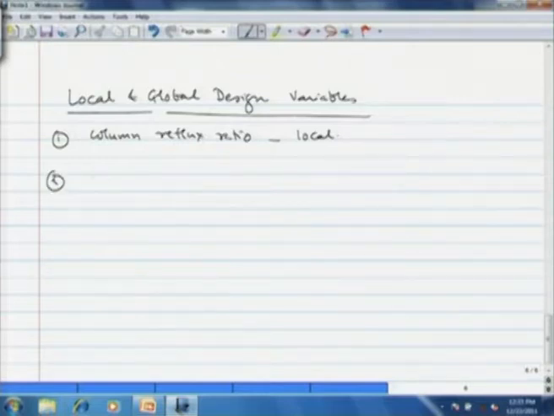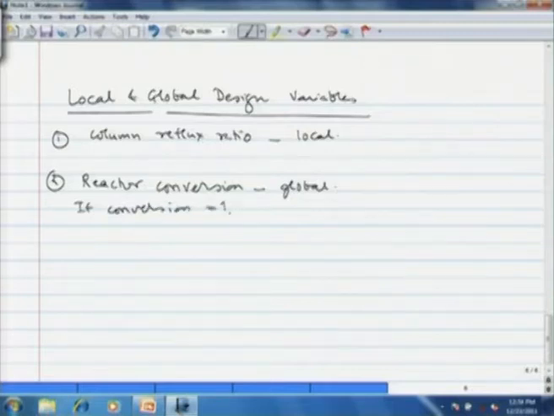However, the reactor conversion can affect the entire flow sheet. How? If the conversion is unity, then we do not need any recovery and recycle of the reactants. So, the IPA column is eliminated.